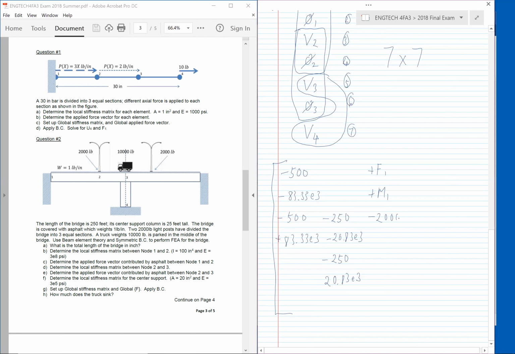Always remember the node. And then node 3 right here, negative 5000 acting on the V3. Finally, there's a reaction force acting on node 4, that's pushing everything up. That's my force vector.